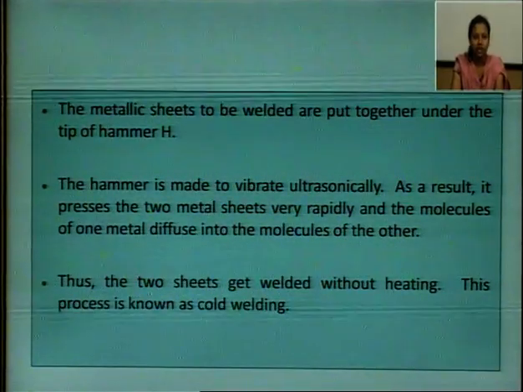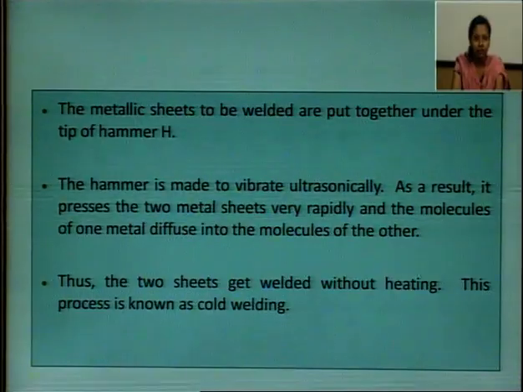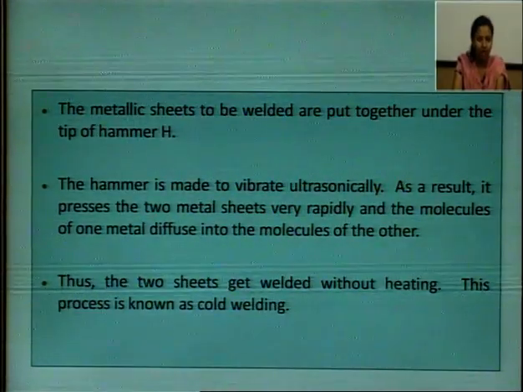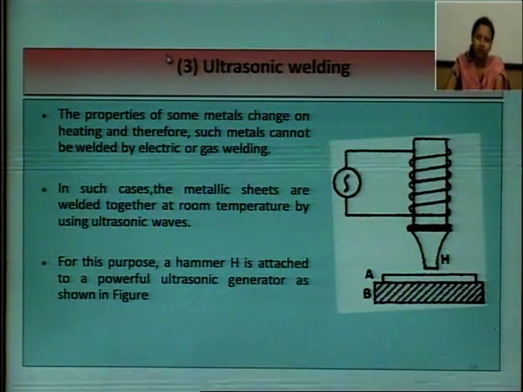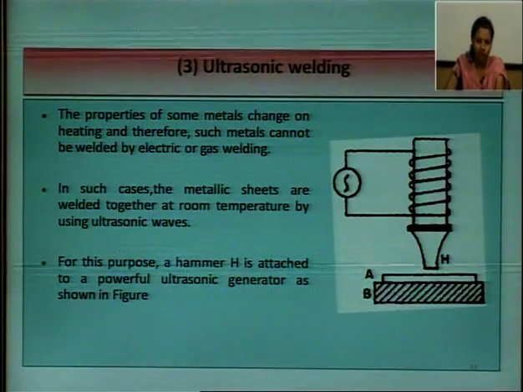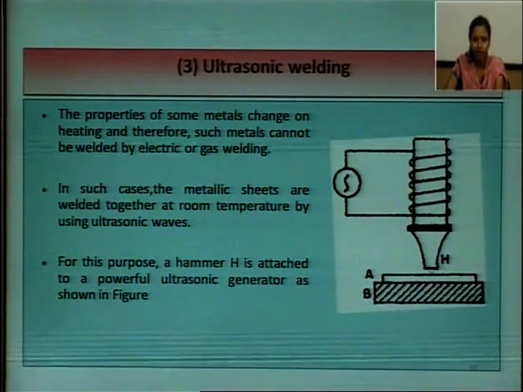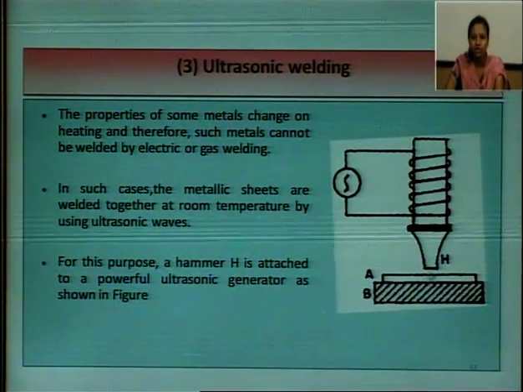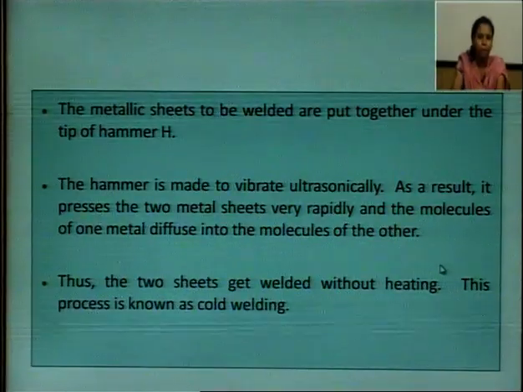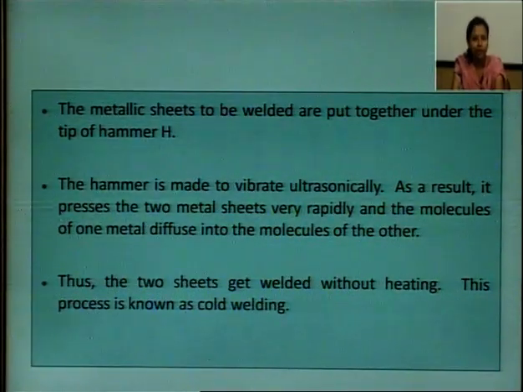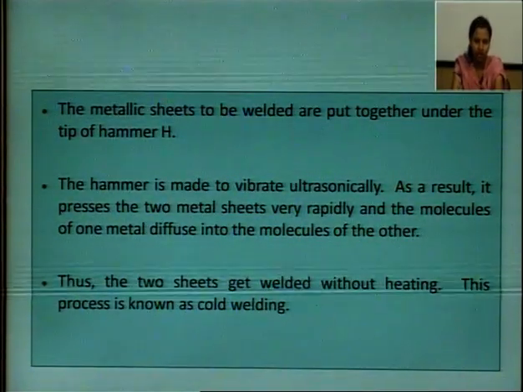Next are the metallic sheets to be welded. They are put together under the tip of the hammer. These two are the sheets which we need to weld, A and B. So we put these two sheets below this hammer. The hammer is made to vibrate ultrasonically.